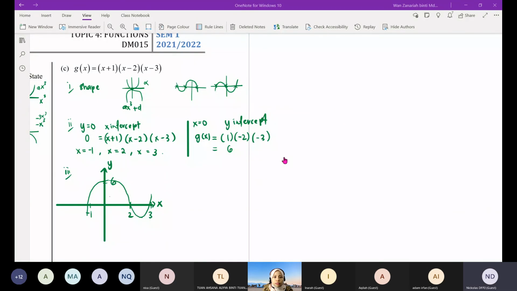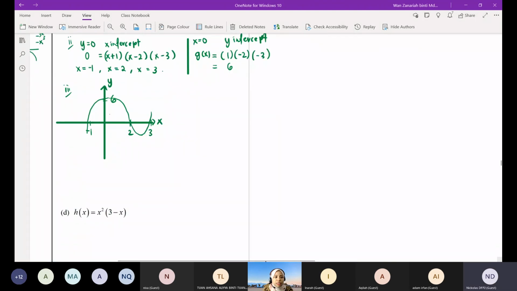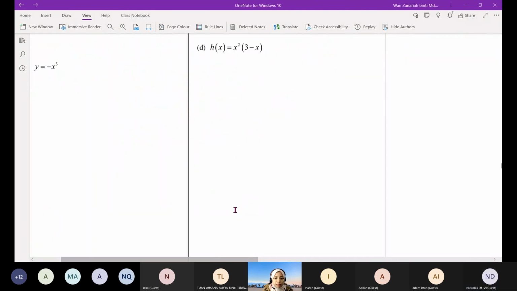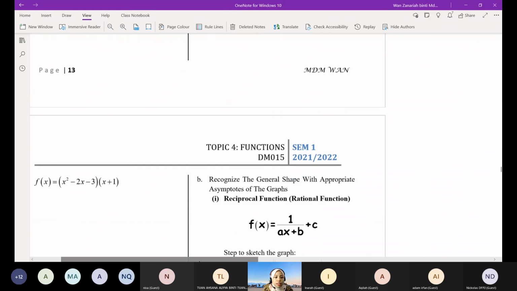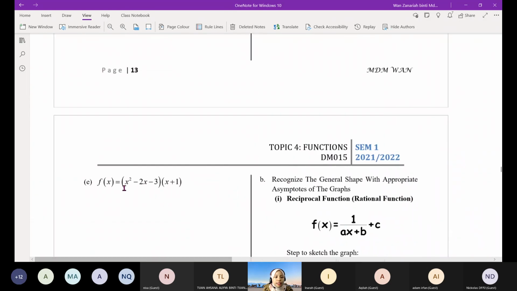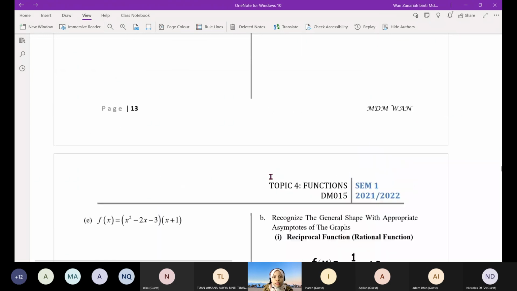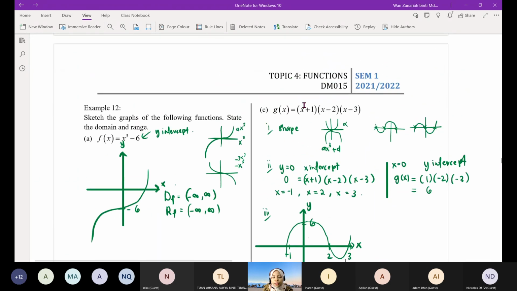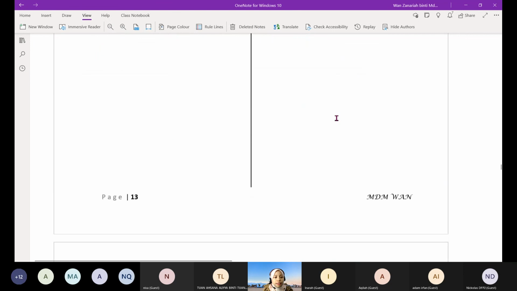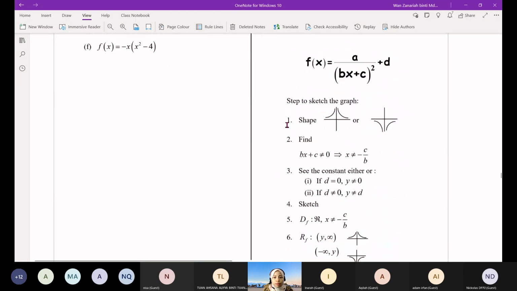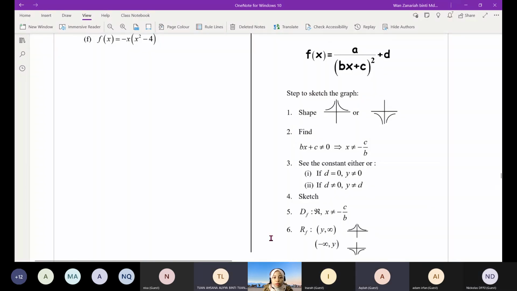Biar je. Okay, so nanti yang ini you buat sendiri. Yang ini kena factor. Bila factor dapatlah 2 factor. So nanti dia jadilah macam example yang we have discussed earlier. Boleh? Okay.